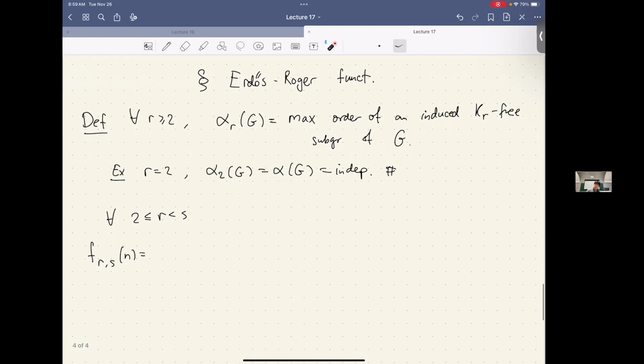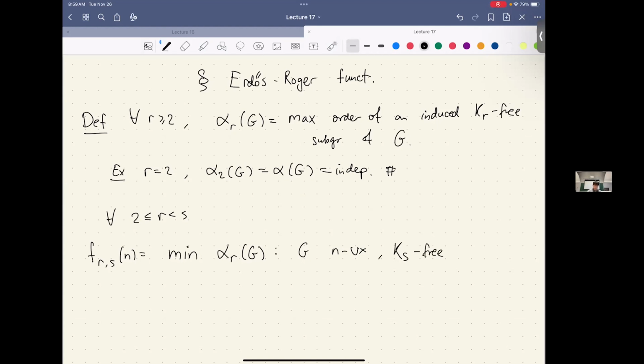Now we can define the Erdős-Rogers function. f_{r,s}(n) is what you want to do: take the minimum of alpha_r(G), where G is an n-vertex K_s-free graph.